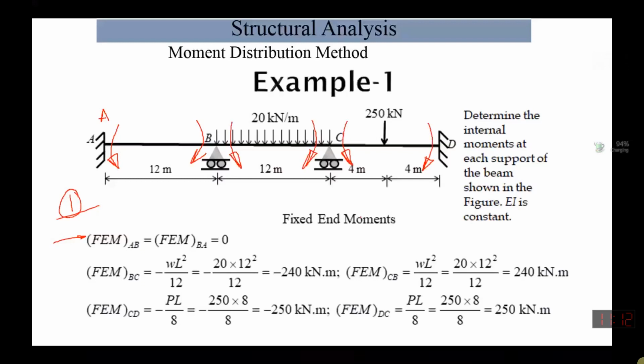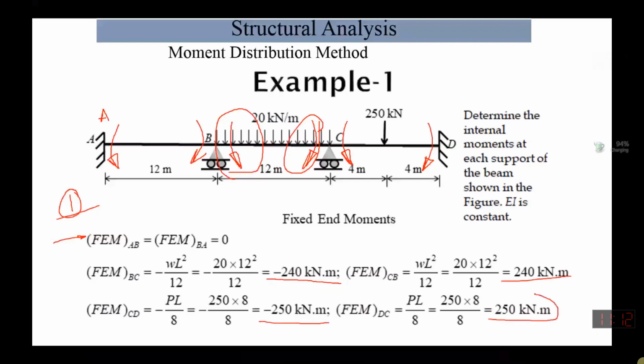Clear? If it is counterclockwise, that will be negative; if it's clockwise, then it is positive. So this moment is negative, this moment is positive. Similarly over here, counterclockwise is negative, clockwise is positive.